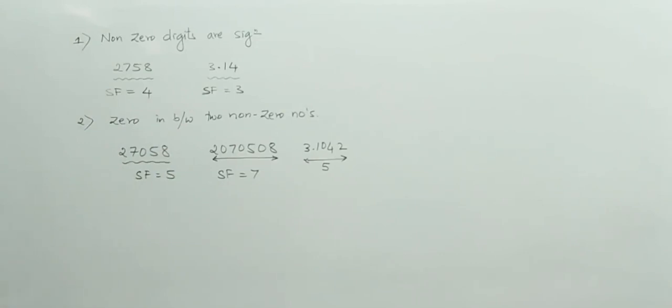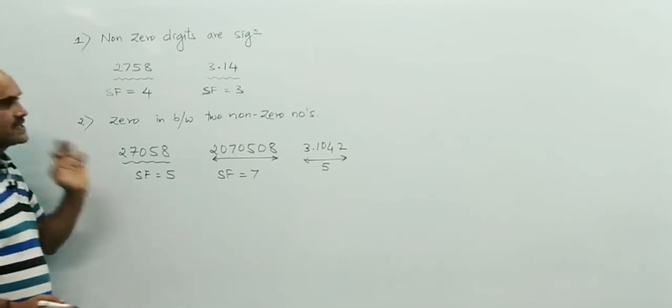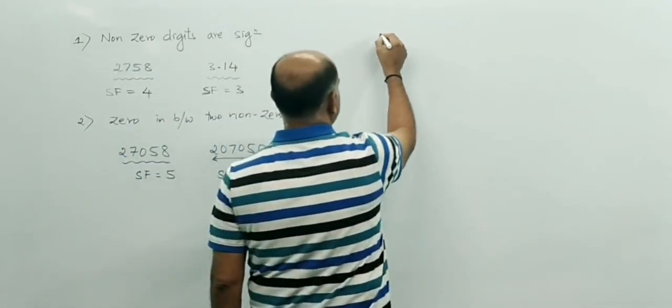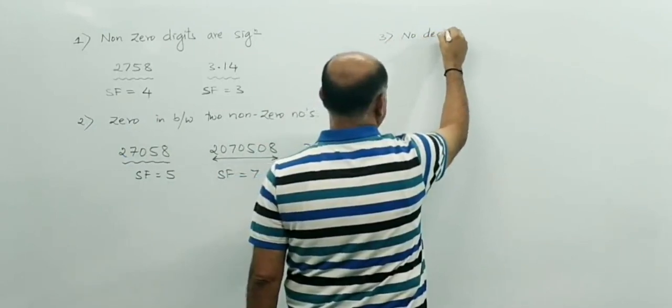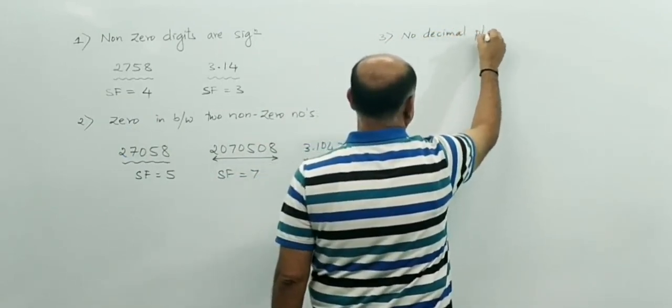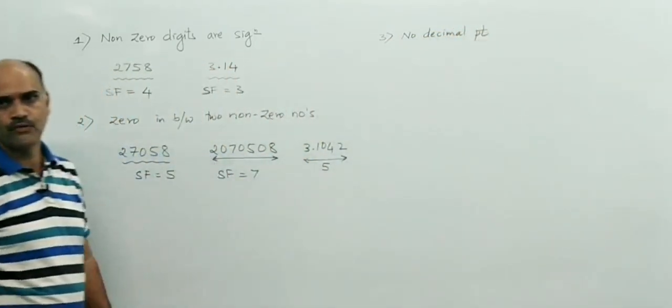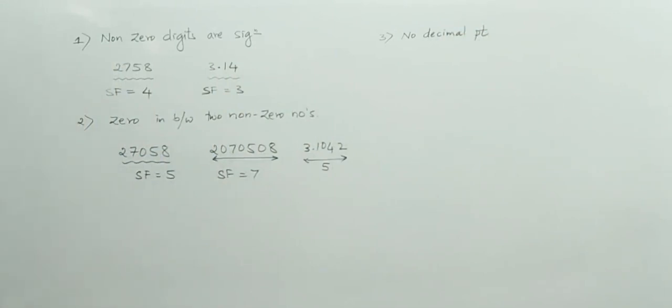Now the third rule: if there is a number with no decimal point, then all the zeros at the end are not significant.